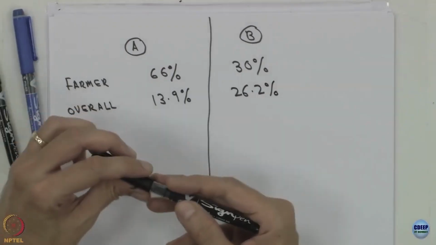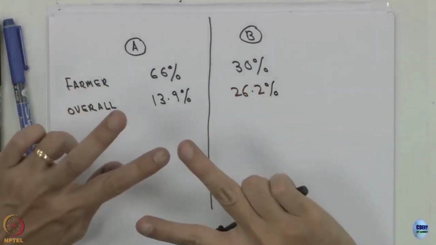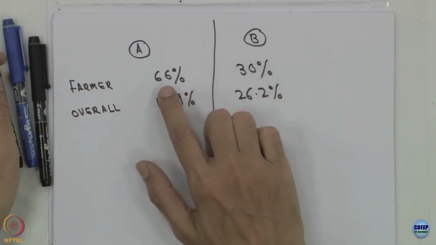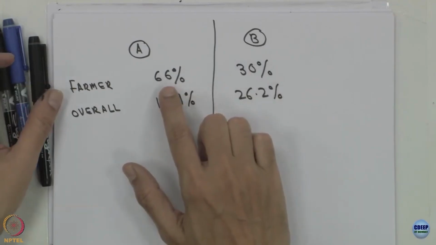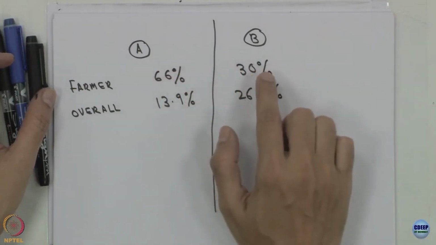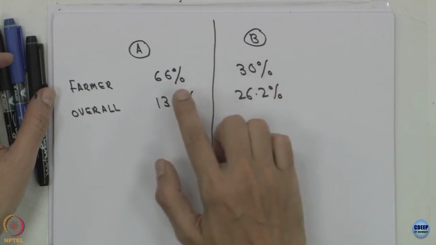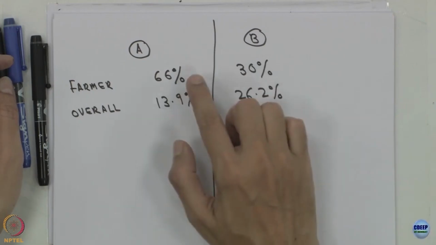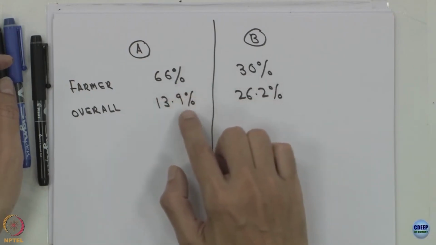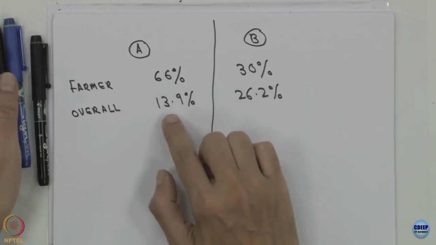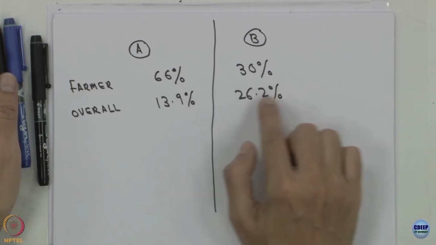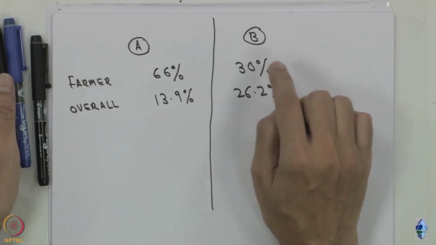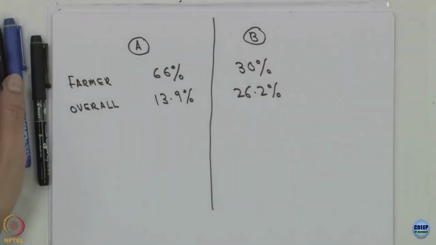Interestingly, it gets almost reversed. In the case of the farmer, A is double that of B, and that means the electric motor pump seems to be more efficient than the diesel engine pump. But when you see the entire chain, A is 13.9, which is a little more than half of case B. So B looks more efficient from an overall point of view, but at the farmer end it does not look so efficient. That's an interesting point.